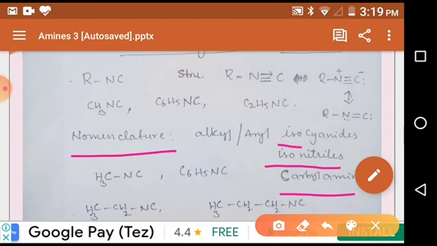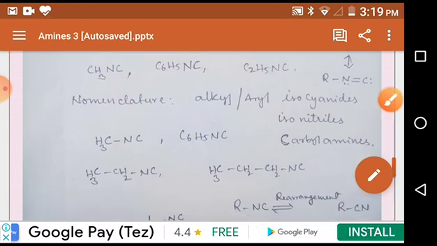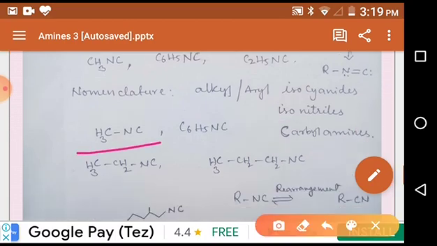For example, methyl isocyanide: in methane, one of the hydrogens is replaced by the isocyanide group. That's why it is methyl isocyanide, or methyl isonitrile, or methyl carbylamine.